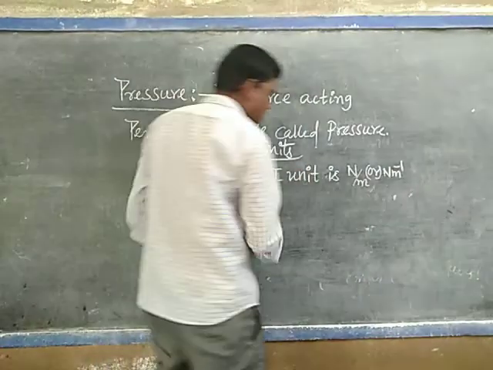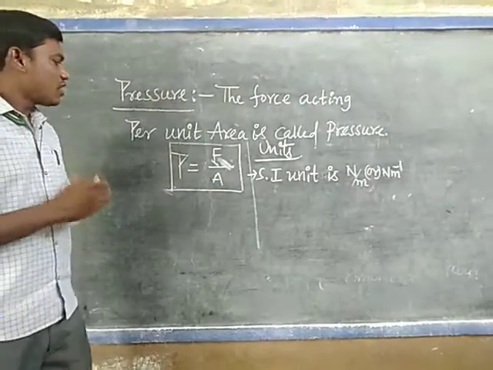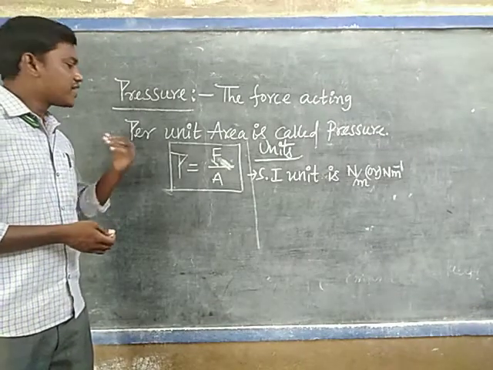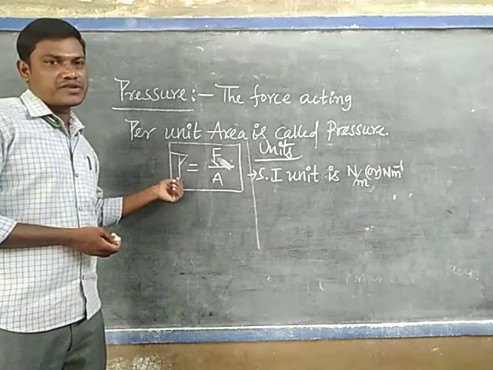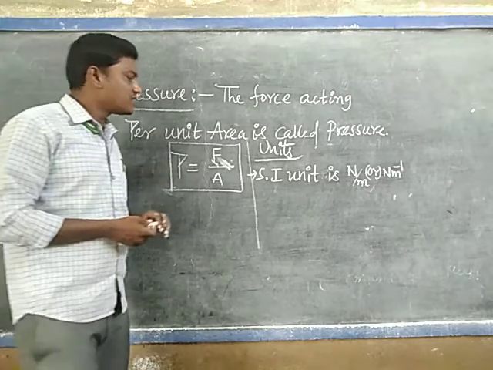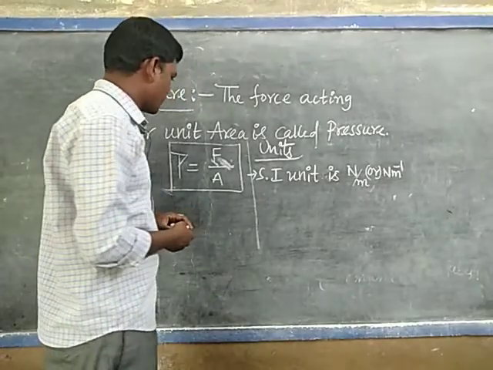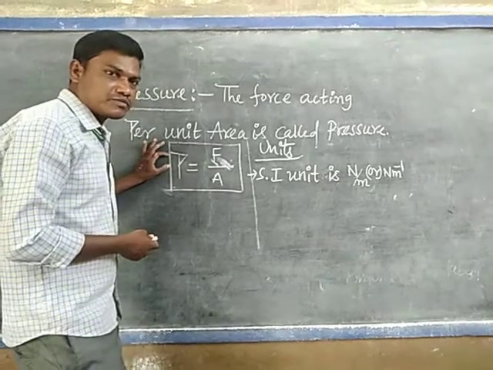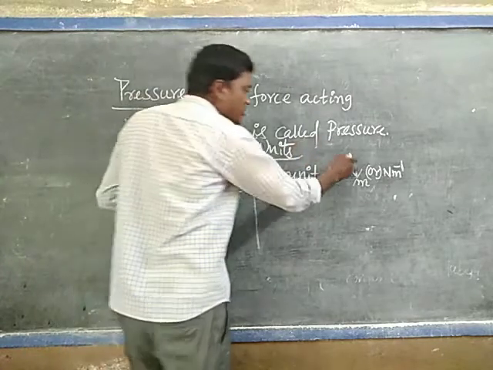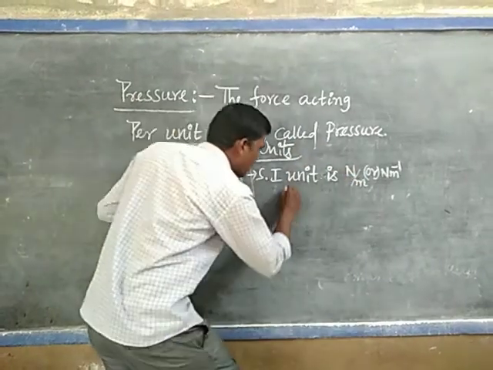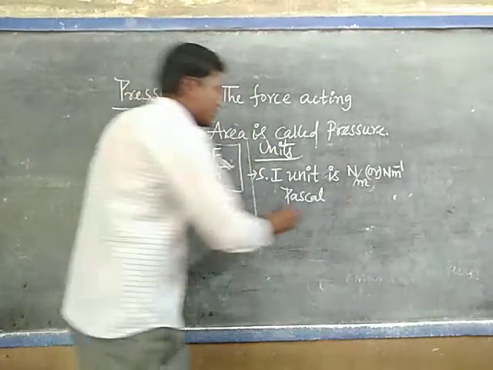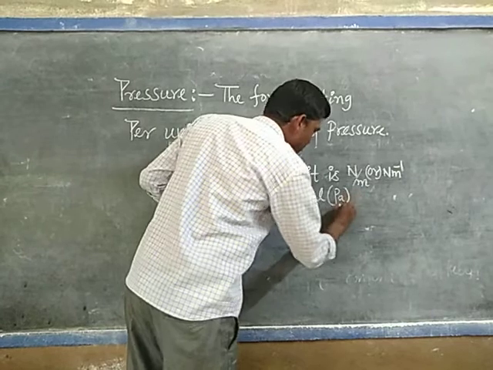But generally, for the honor of the scientist Blaise Pascal, because he conducted some experiments about pressure and gave some suitable examples about this concept, the pressure SI unit, instead of Newton per meter square, we also call Pascal. We write this as Pa.